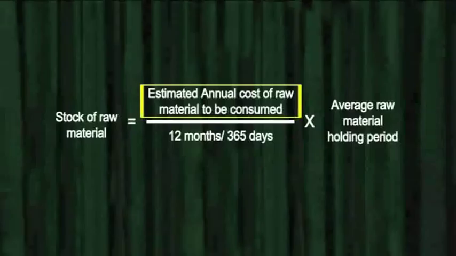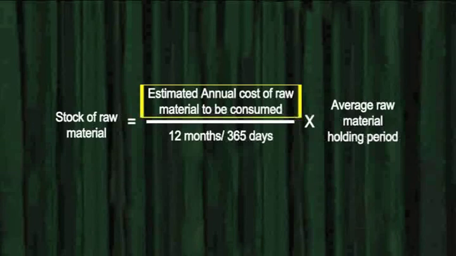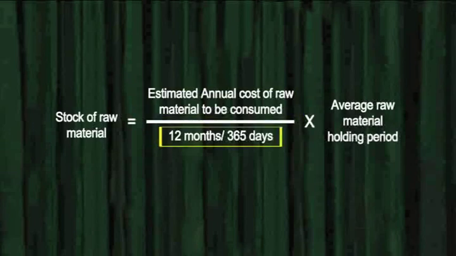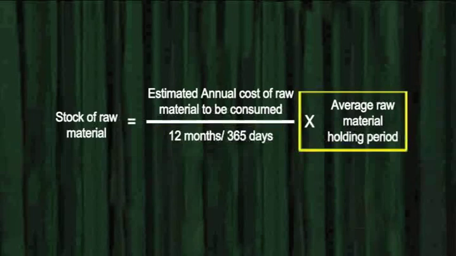See this formula on the screen. Estimated annual cost of raw material to be consumed, divided by either 12 months or 365 days, then multiplied by average raw material holding period.